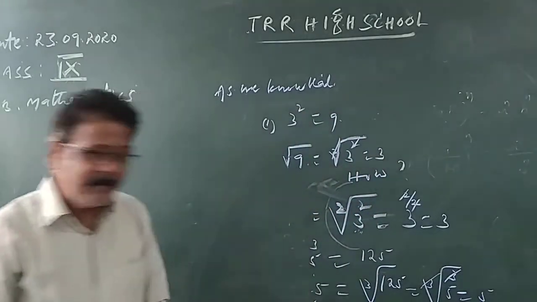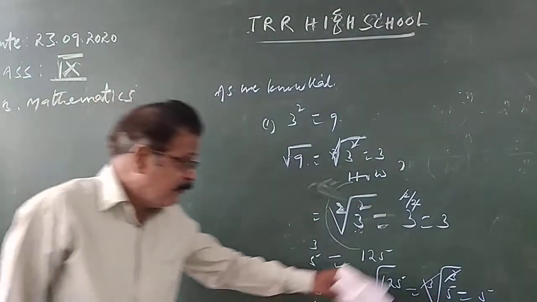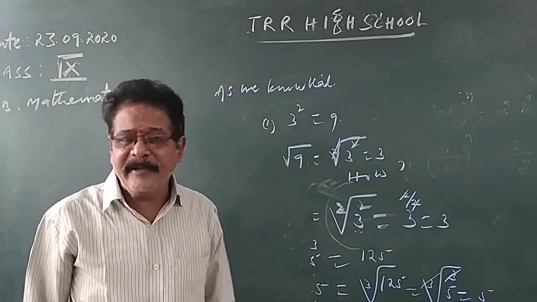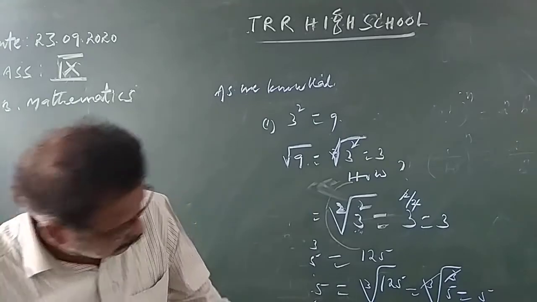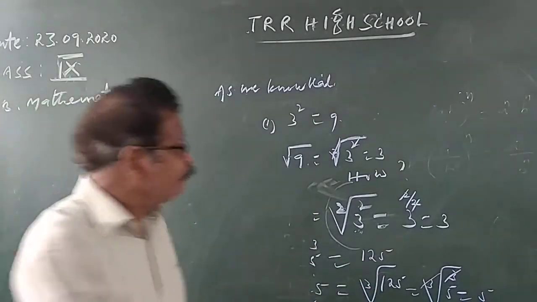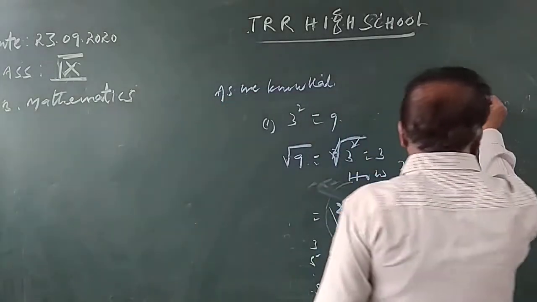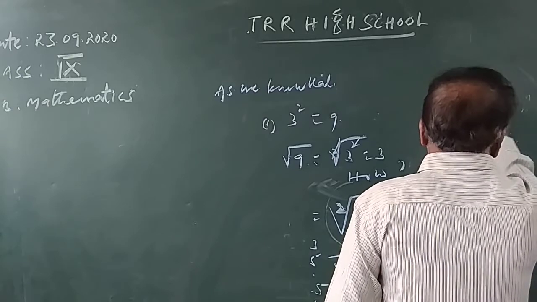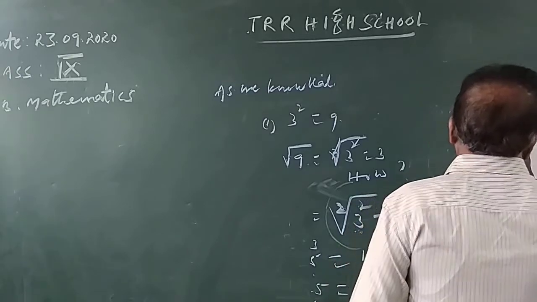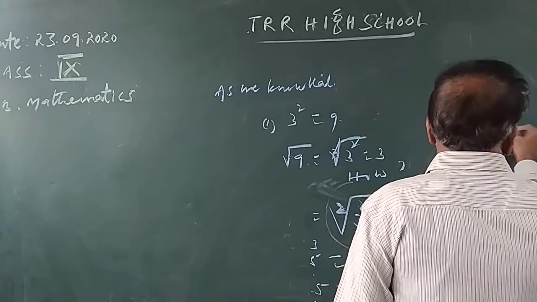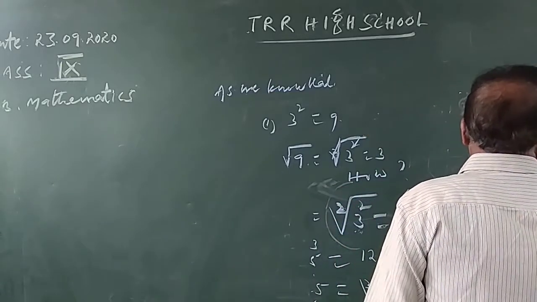Cube root of 125. Cube root means the factor should be repeated 3 times. Fourth root means the factor should be written 4 times, like that. The cube root of 125 is 5. Similarly, the cube root of 64. 64 can be written as 4 cube, so 4 is equal to the cube root of 64.